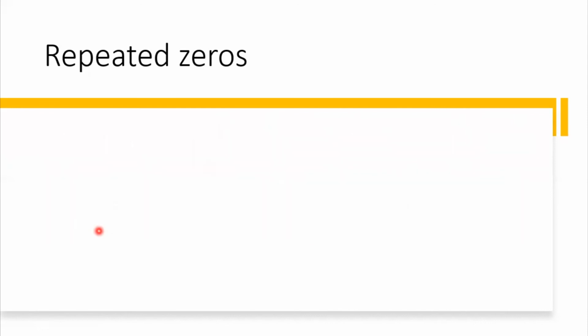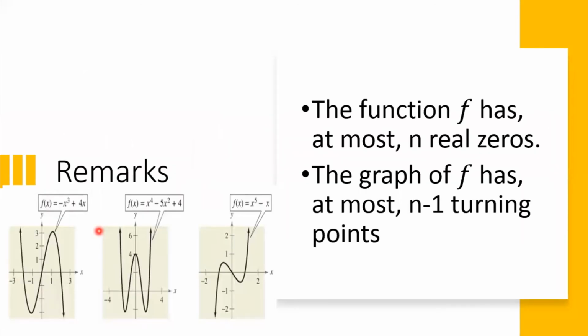So if we go back to the example that we have, since the exponent is odd, it should cross here at this x value, this x value, and this x value.